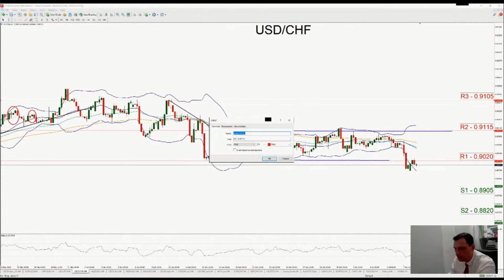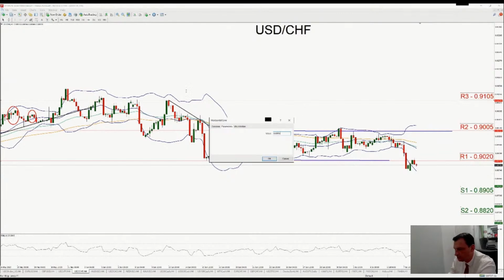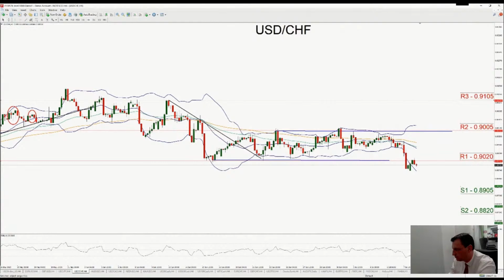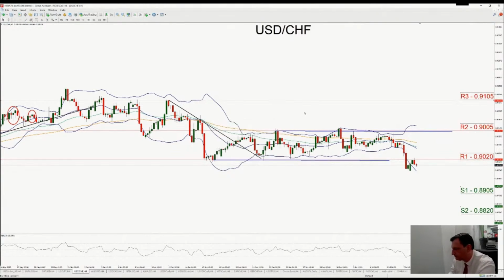Here 100 pips lower. The R1, the new resistance line, 0.8905. Actually, this could go a little bit higher. That's better. 0.8910.